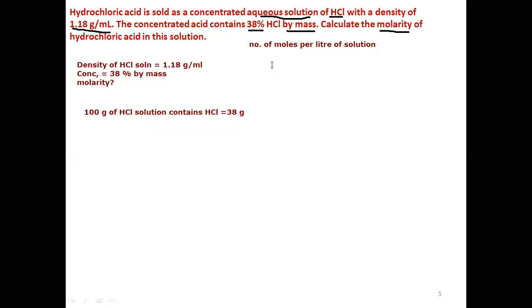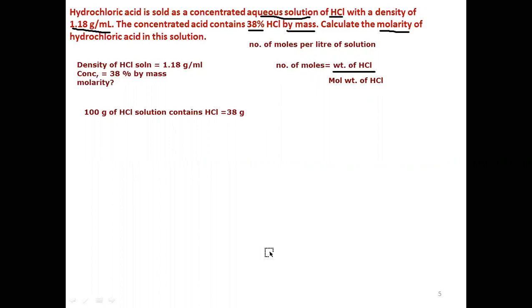So, number of moles is equal to weight of HCl divided by molecular weight of HCl. Now molecular weight of HCl is 36.5.